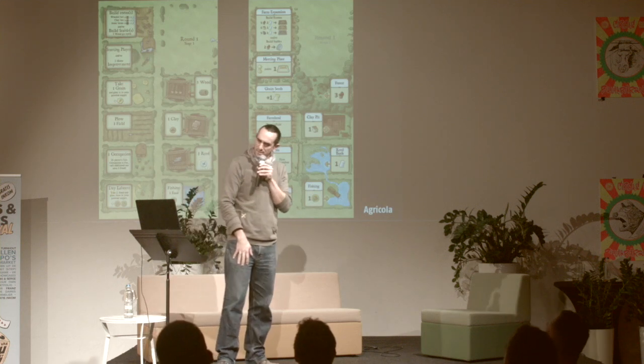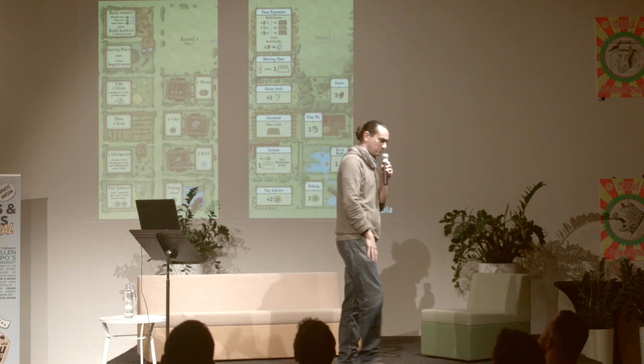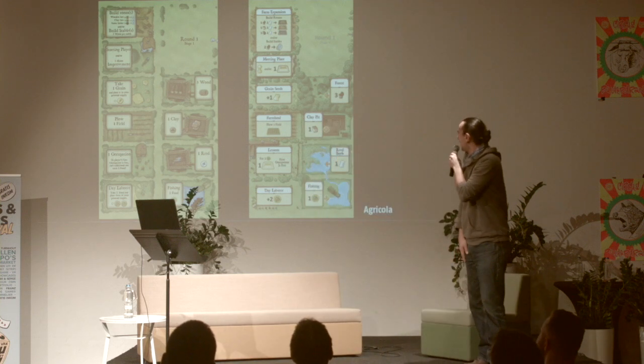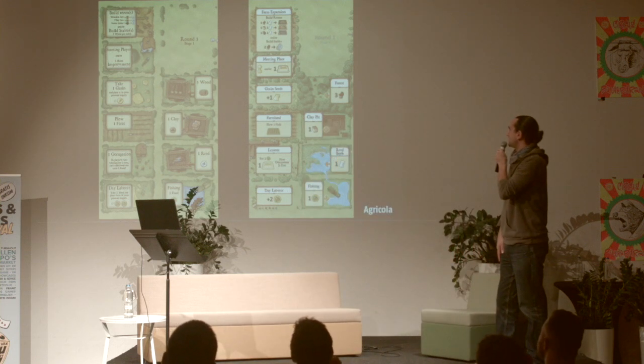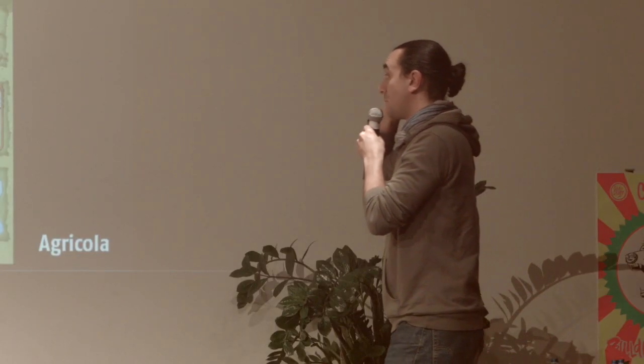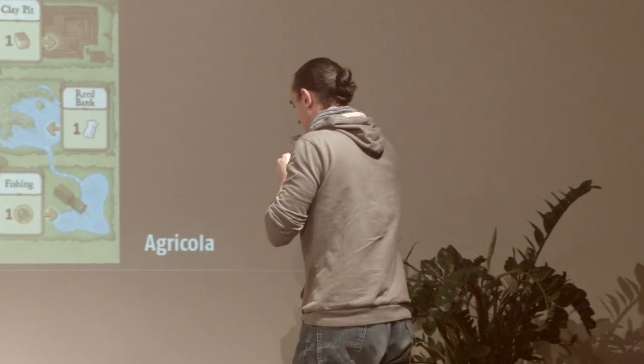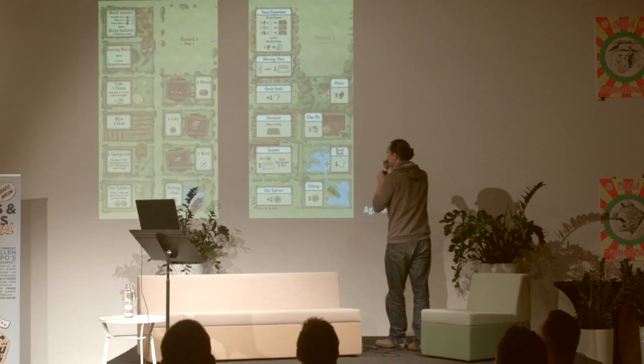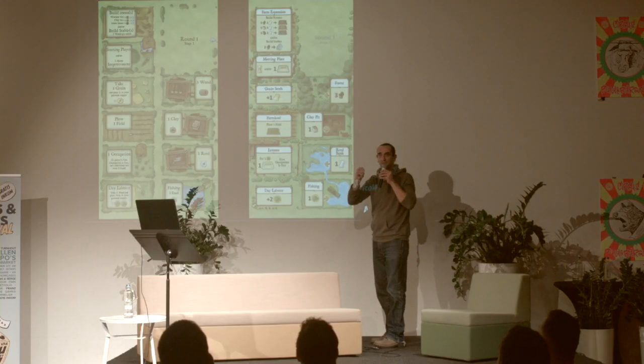Agricola, the first game I did, we redesigned it 10 years later probably, and what you see here is a trend that's quite important and quite good: you picture, or try to picture, something close to the actual material.